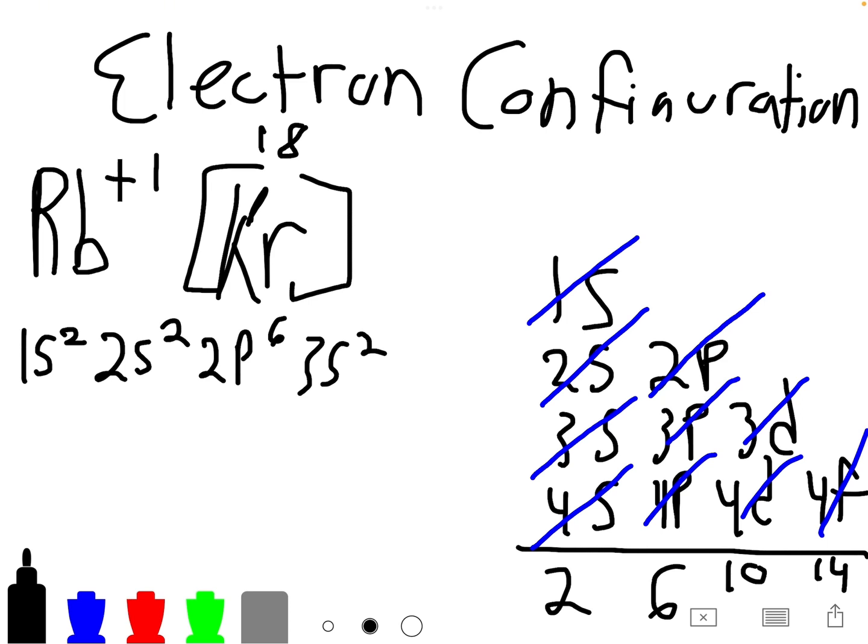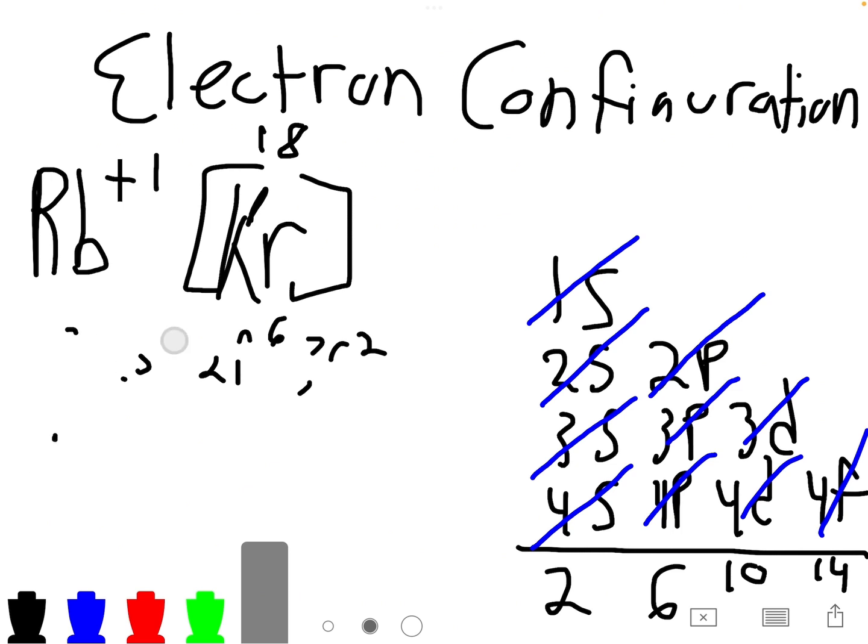All right, we got 12 so far. And now we go to 3p. It's just going to have 6. So it's going to be another full one. We had 2, 4, 10, 12, 18. There's your breakdown of krypton.